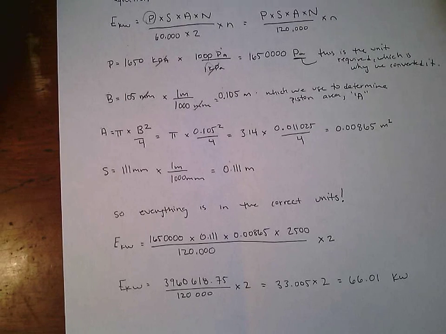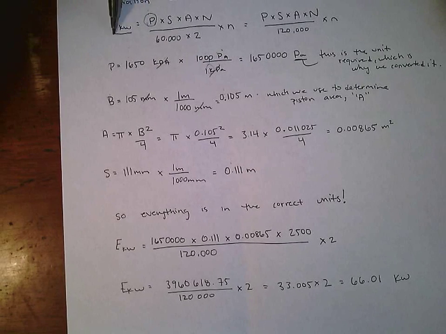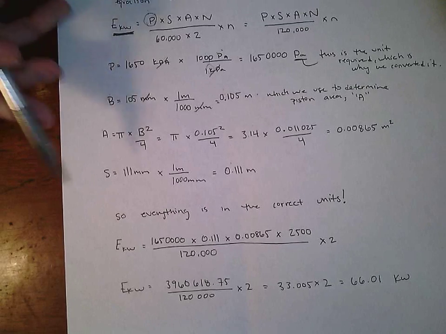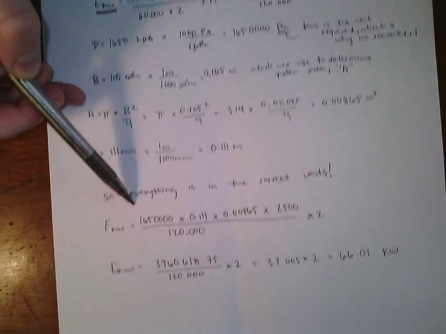Alrighty, so everything's in the correct units. We're now able to plug and chug all of our values that we need for this engine power in kilowatts equation, and that's what's written here.